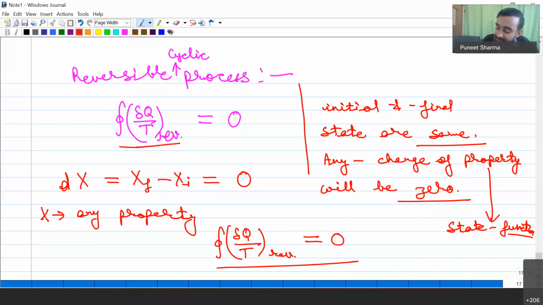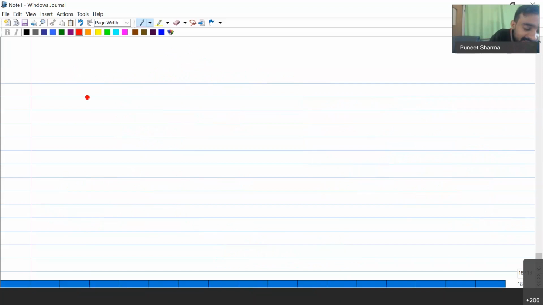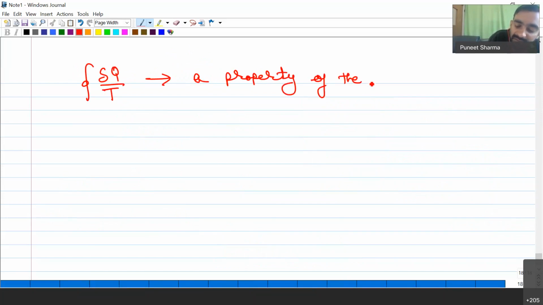The meaning of this is that the cyclic integral of dQ by T is nothing but a property of the system. This is one very, very important point. Now I am highlighting it, please see it carefully. I am writing that the cyclic integral of del Q by T becomes equal to 0.